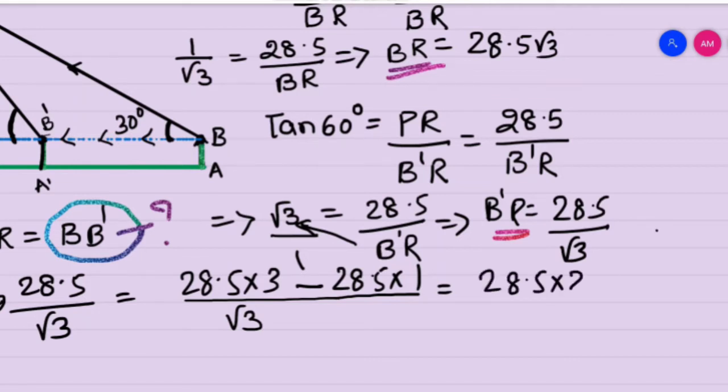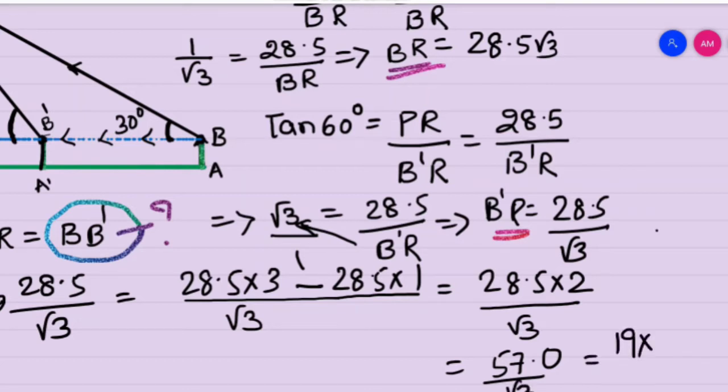So 28.5 into 2 divided by root 3. Now see 28.5 into 2, if you calculate, you will get 57.0 by root 3. Now see 57 means what? 19 into 3 by root 3.